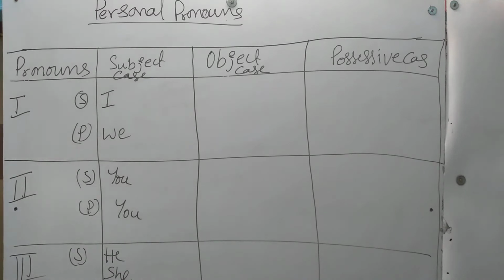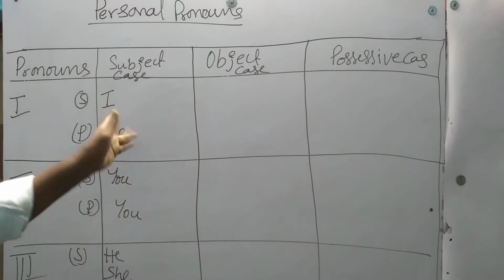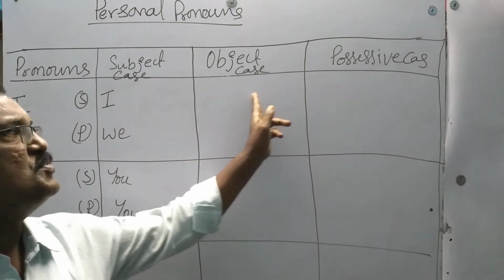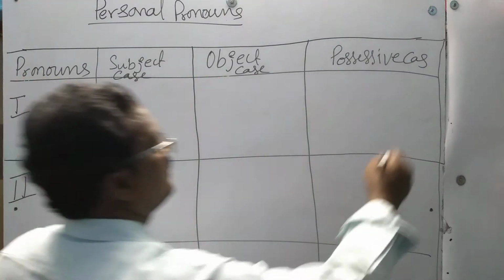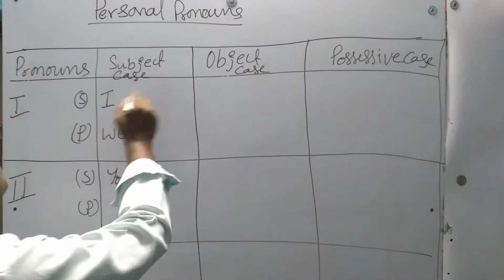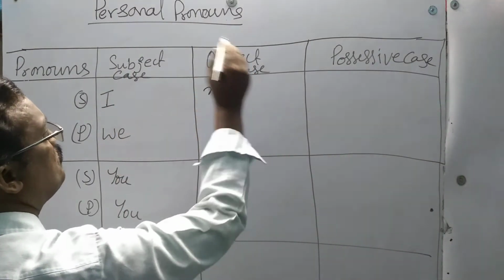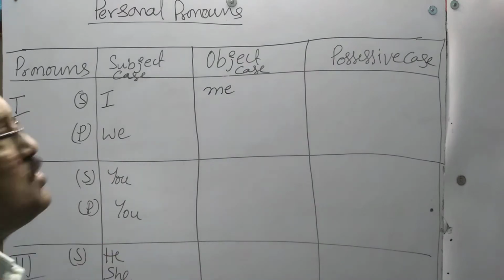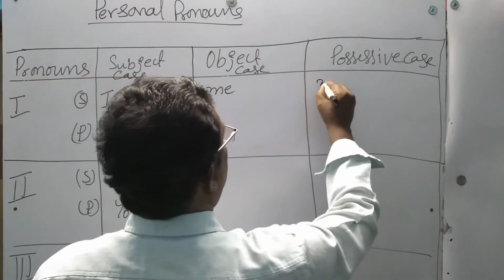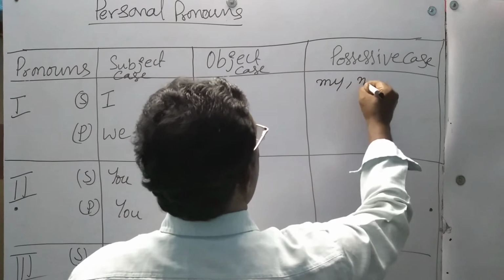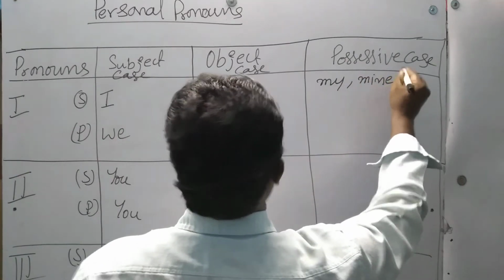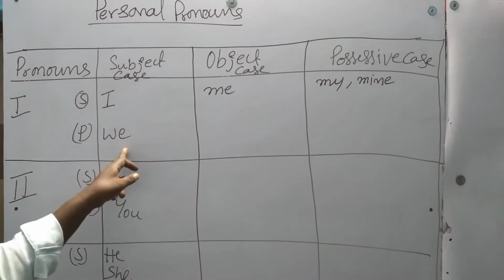So now each one has three cases: subject case, object case, possessive case. Now, what is the object case of I? I object case is me. Possessive cases two are there. One is my, another one is mine. Now, plural.